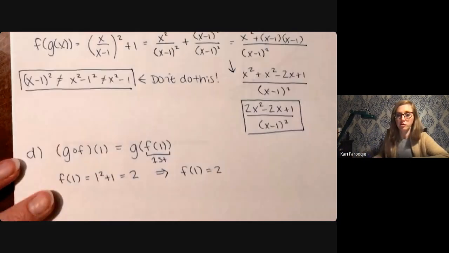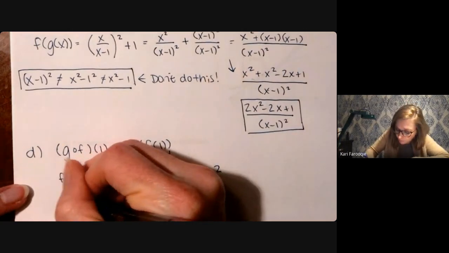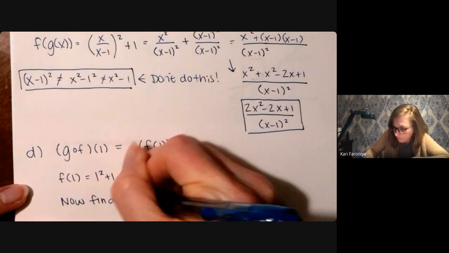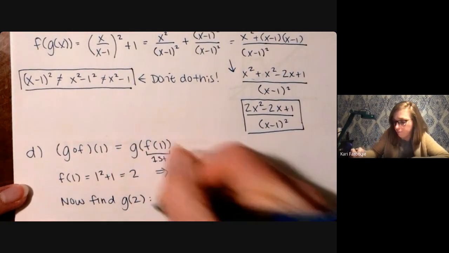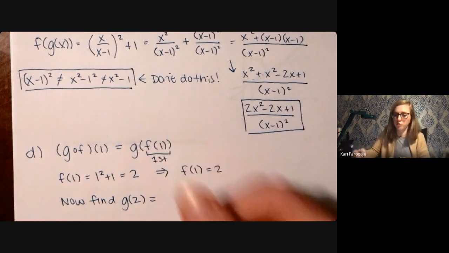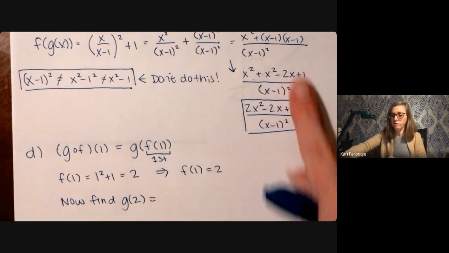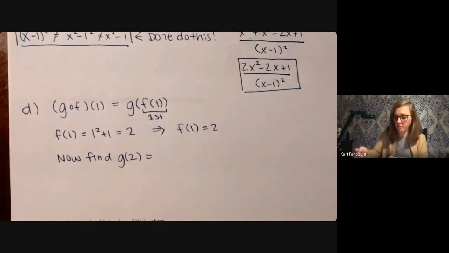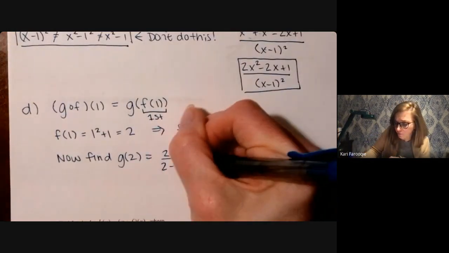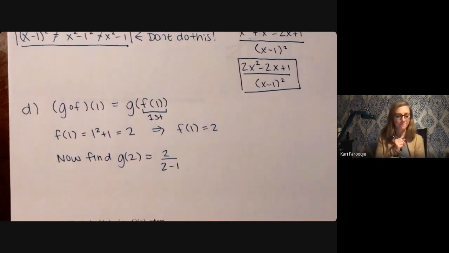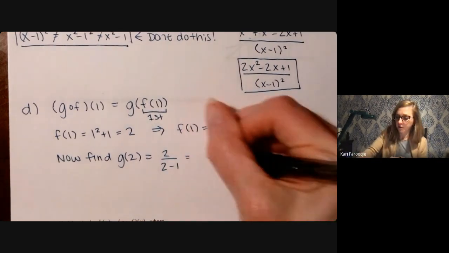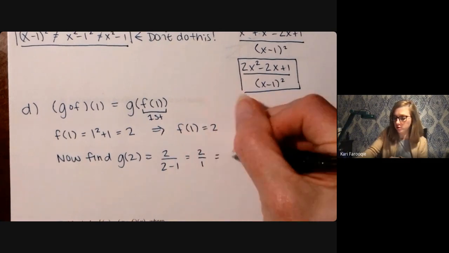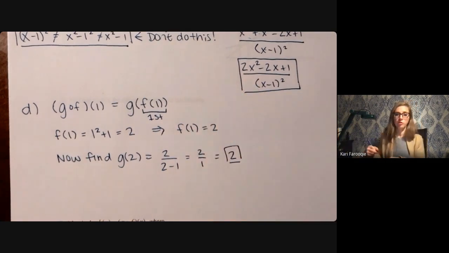And now we're going to find G of 2. So G of 2 equals, well, our G function was x over x minus 1. So we'll take 2 over 2 minus 1. And this will be 2 over 1, which is 2.